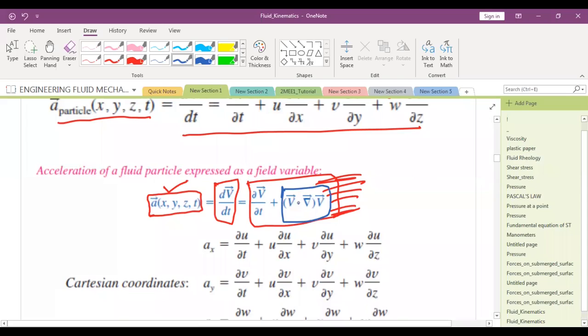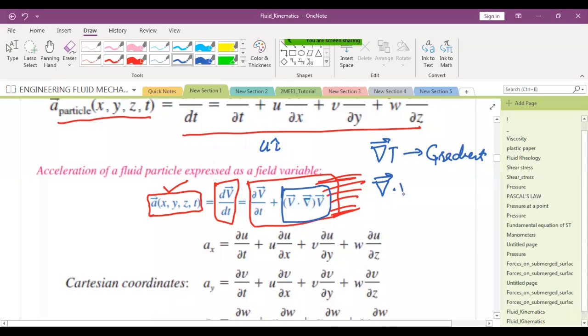I'm going the other way. What is this expression equal to? V dot del. So what is V dot del? This is not a gradient. So please remember, this is the gradient of some scalar function.